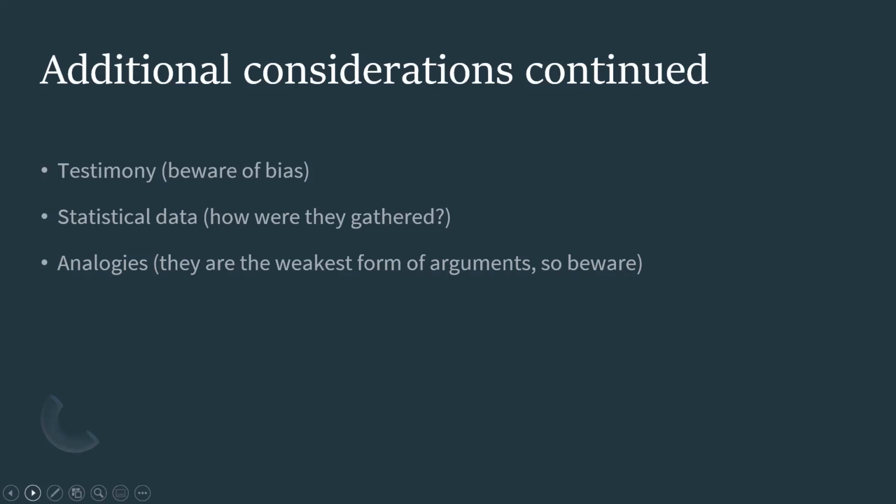However, if in your argument you have multiple forms of evidence, testimony, statistical data, quotes from experts, surveys, questionnaires, all different kinds of data, those are different strands in the cable and make for a much stronger kind of argument.